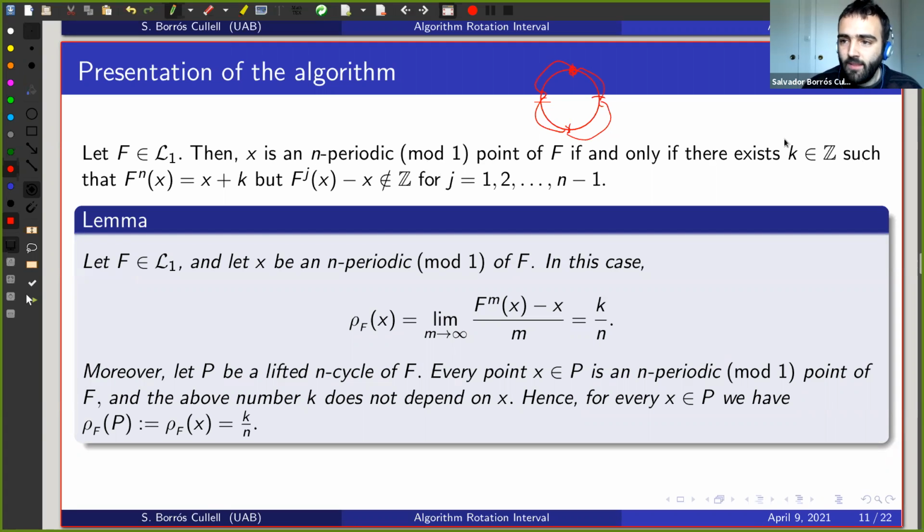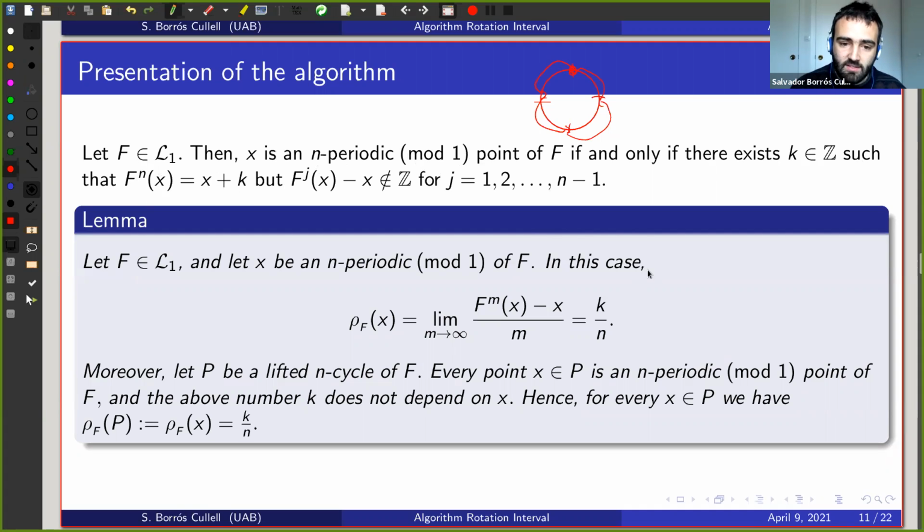That means that a point is n-periodic mod 1 if there exists some integer k such that f^n(x) is equal to x plus k. So f^n(x) is equal to x mod 1, and this n is the smallest one for which this happens.